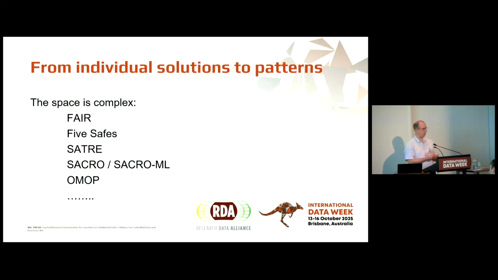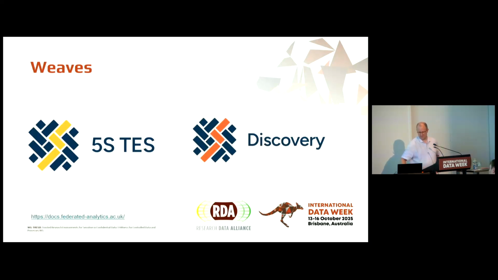You should start installing these tools called SACRO and SACRO-ML that are coming out of the UK around semi-automated disclosure control checks. You should have OMOP. So these demands and demands and demands are coming, both to be more integrated and more connected, but also these principles that are constantly brought into how we should be doing federation, and these other principles coming along.